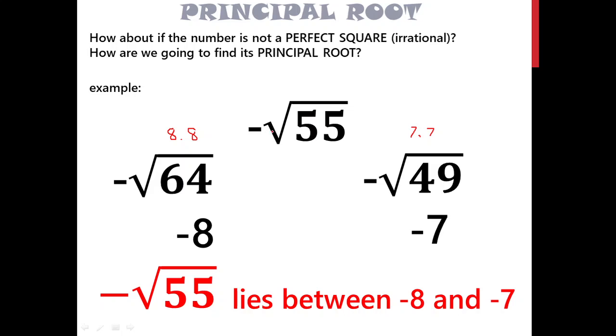Now, like I said, the negative sign is outside the radical. Okay, so it's outside the radical. So the square root of 64 is 8, and then let's just copy the negative sign here. Also, the square root of 49, the positive square root of 49 is 7, and then let's just copy the negative sign here. That is why the square root of negative 55 lies between negative 8 and negative 7.